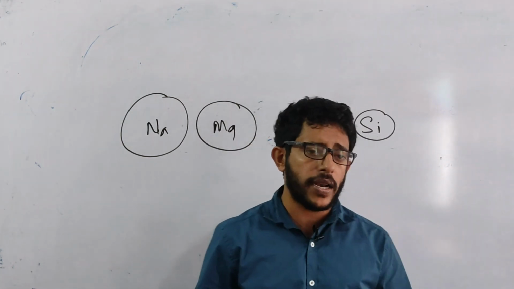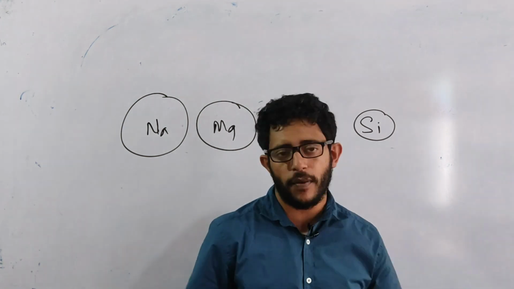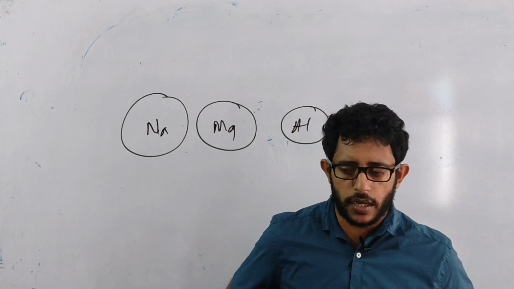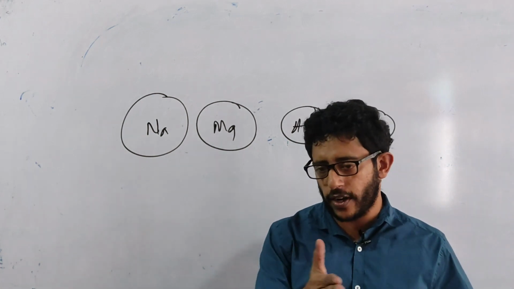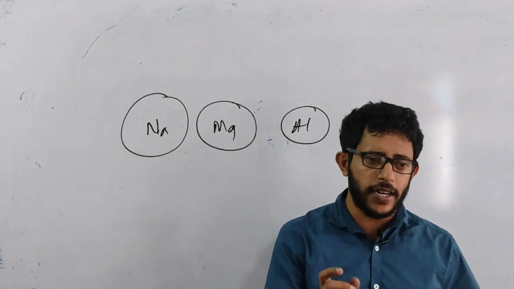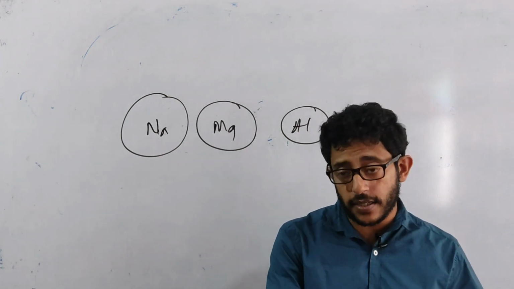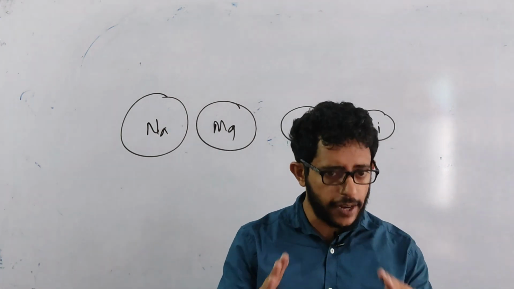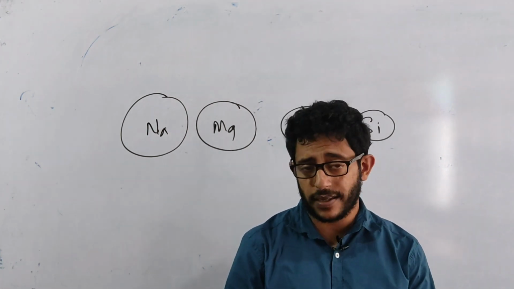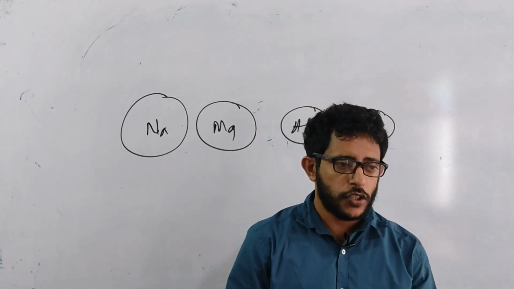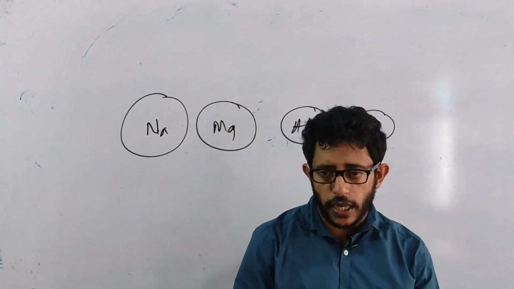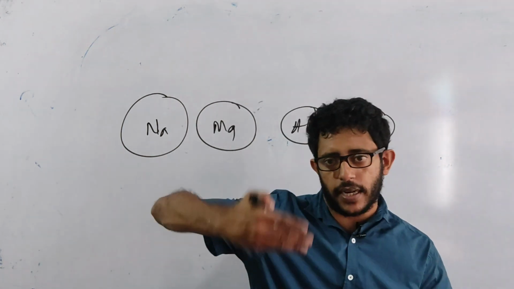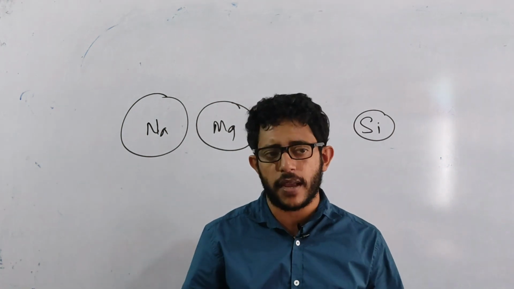Let's see why atomic radius decreases from left to right of a period. Now, when electrons are being filled into the outer shell, from left to right of a period, electrons are filled into the same main energy level, so their shielding effect remains the same. But the number of protons increases. As the number of protons increases inside the nucleus, their nuclear attraction increases. So nuclear attraction increases, shielding effect remains the same.